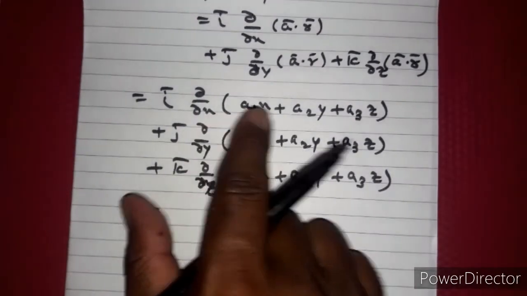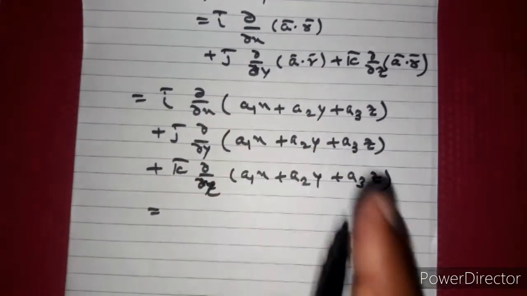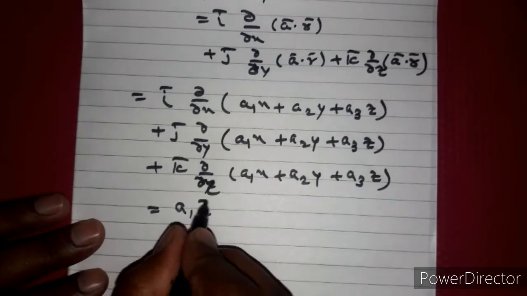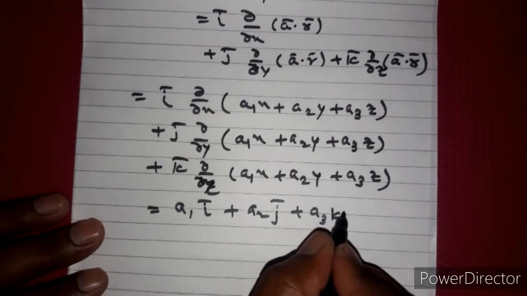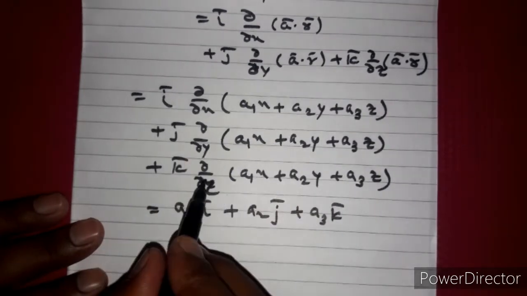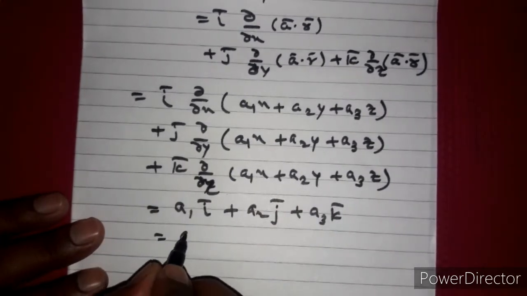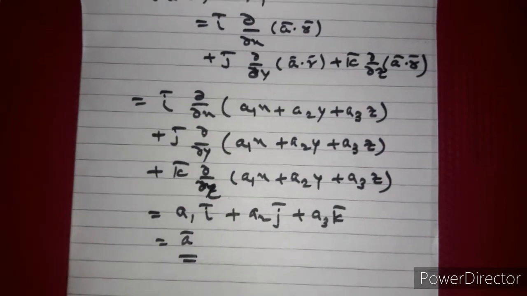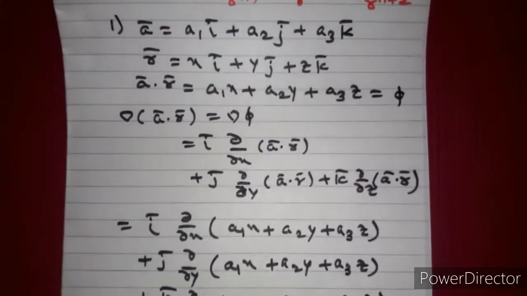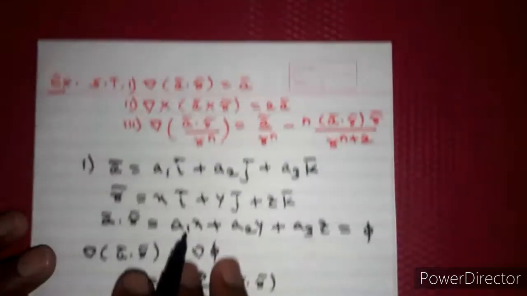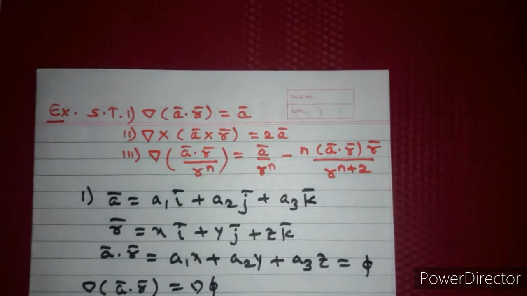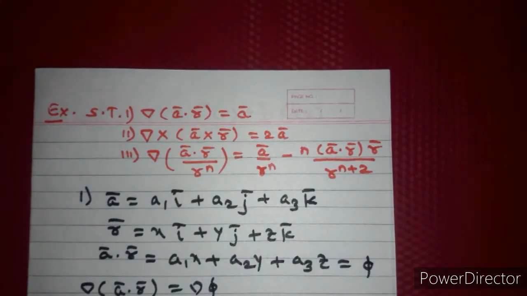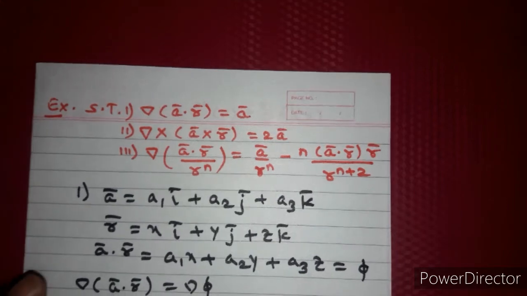With respect to x, the others are 0, only a1. So a1 i bar plus a2 j bar, with respect to y, a2, and with respect to z, a3 k bar. This is nothing but a bar. So we have proved, and you have to remember this formula, that del of a bar dot r bar is a bar. It is important for us.